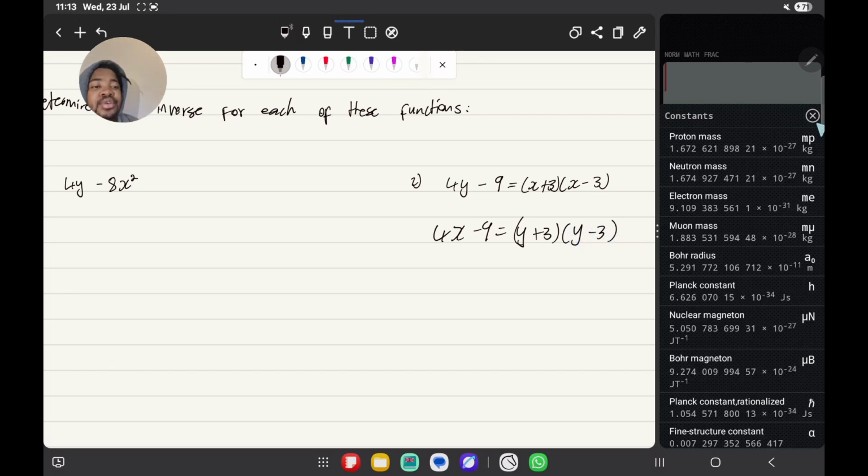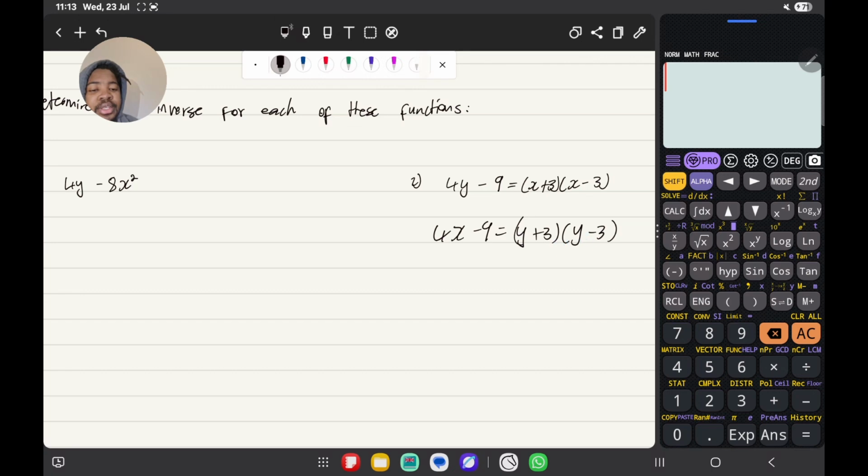And then now I have to solve for y, making it the subject of the formula. This side I'm gonna have y squared minus 9. That was just the difference of two squares, 4x, right? And therefore I'm gonna have y equals 4x minus 9 plus 9.